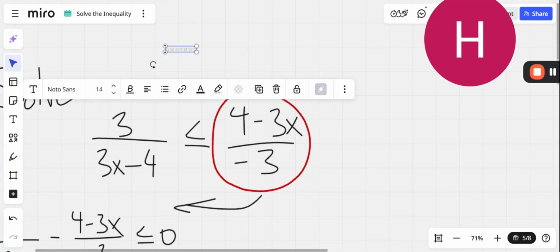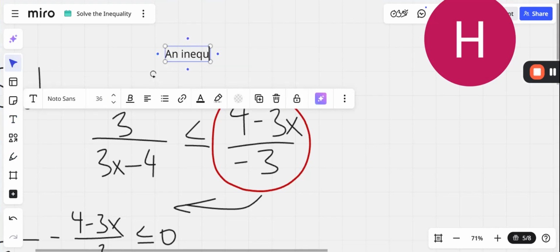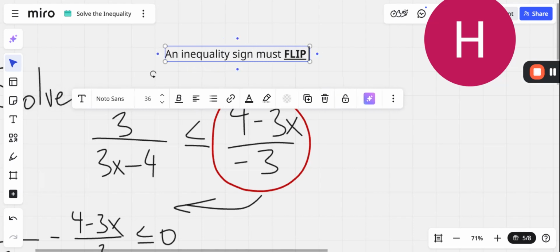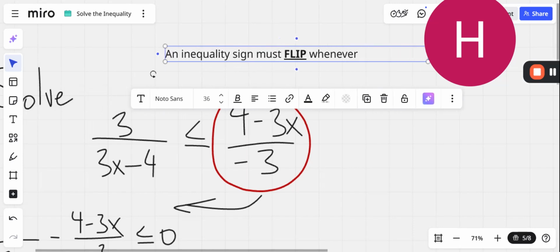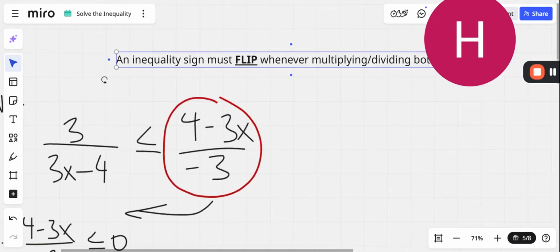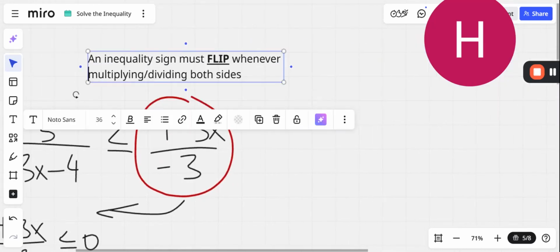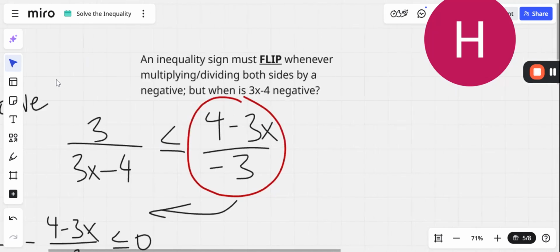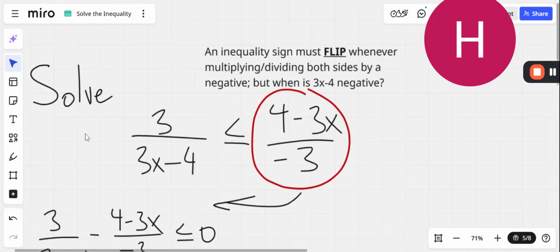Remember that the inequality sign must flip whenever multiplying or dividing both sides by a negative. But we don't immediately know when 3x minus 4 is a negative. So multiplying 3x minus 4 on both sides will flip the inequality for certain values of x, and it won't flip the inequality for other values of x.